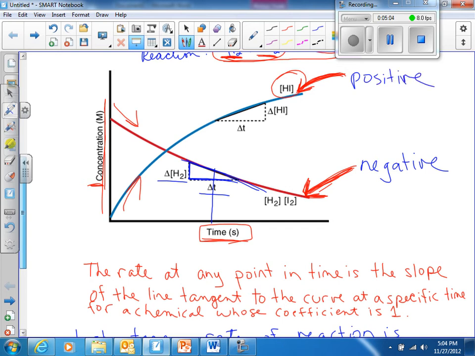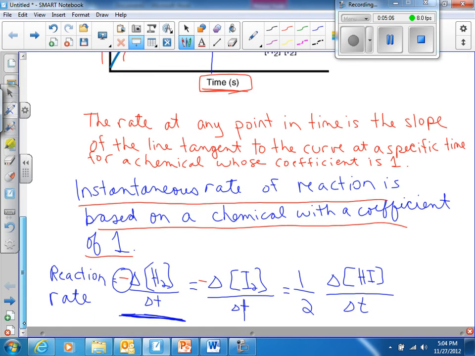Okay. So a reaction rate would be the change in the concentration over the change in time for anything with a coefficient of 1. For reactants, we have to put a negative sign in front because reactant goes down over time, so the slope would be negative.